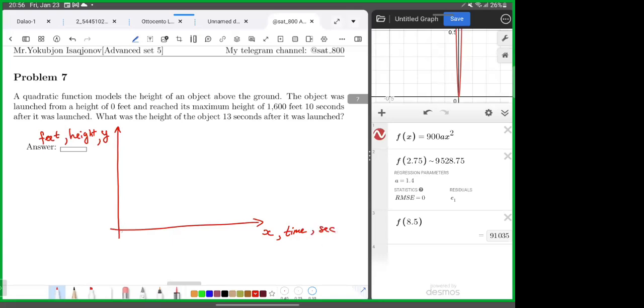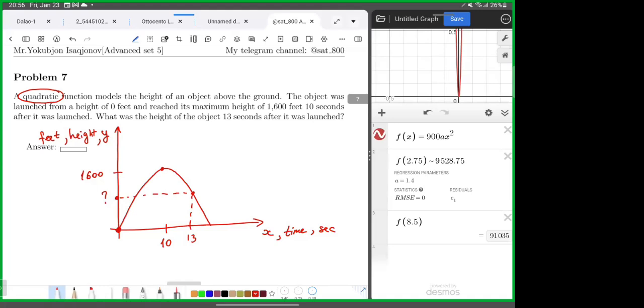It was launched when the time was 0 and the height was 0. After 10 seconds, it reaches its maximum value. Let's say this is 1600 feet. Your vertex is here. So you can now draw the parabola, because the problem states it's a quadratic function. It asks: when the time is 13 seconds, what is the height?